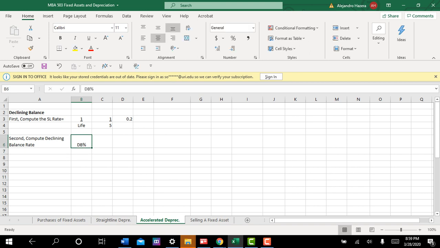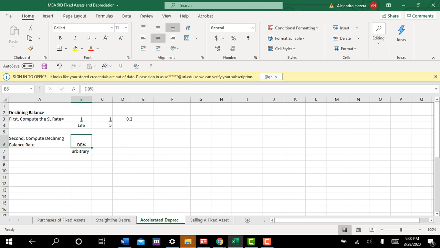Now, I need to emphasize that this percentage is arbitrary. This declining balance percentage is an arbitrary number that you choose, usually between 1, which is 100%, and 2, which is 200%. Or it could even go higher.